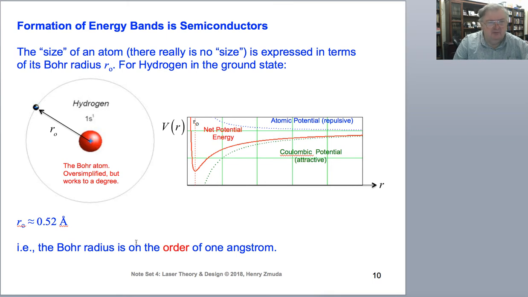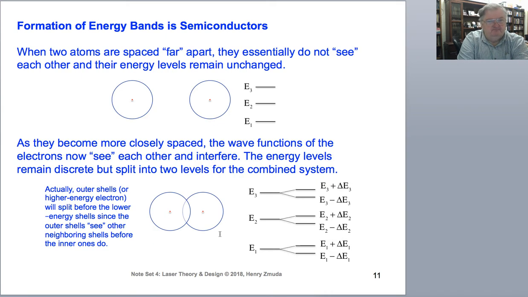So what really keeps this atom an atom is that, yes, there is an attractive Coulomb potential that wants these two things to come crashing into each other, but there are also atomic forces, atomic potentials, which are repulsive. And so these two forces fight each other, and we get a net minimum, and that's the happy minimum energy state for the potential energy. That's what defines R0 for a hydrogen atom.